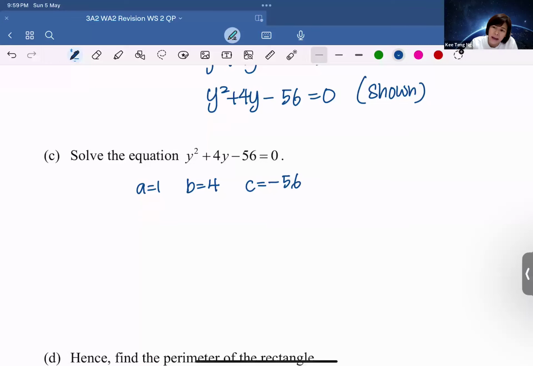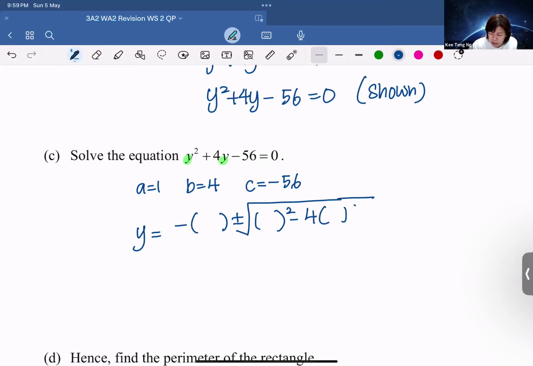So normally you'll say x equals to, right? But in this case, because my letter in my equation is y, so I'm going to write y equals to negative b plus or minus square root b squared minus 4ac over 2a. Please substitute in the numbers, then you can get your marks.